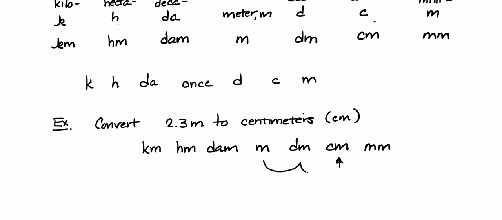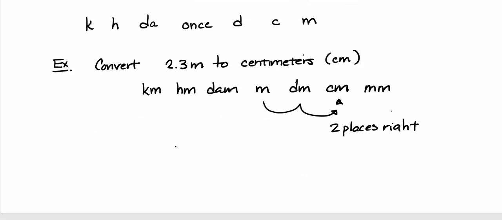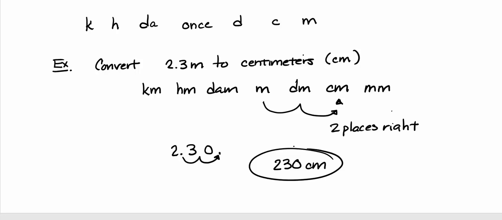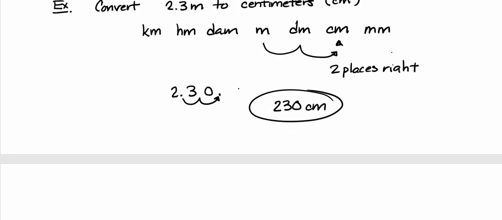I'm going to move 1 place, 2 places to the right. So if I actually want to convert from 2.3 meters to centimeters, I'm going to move 2 places to the right. My decimal point goes at the end, and that becomes 230 centimeters. Okay.